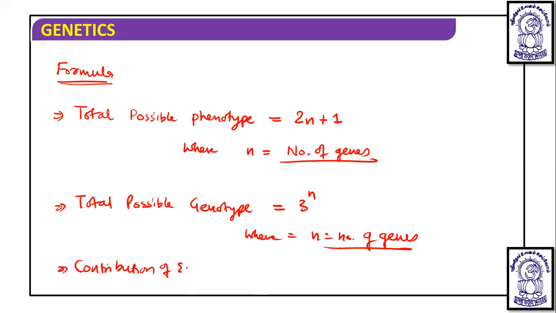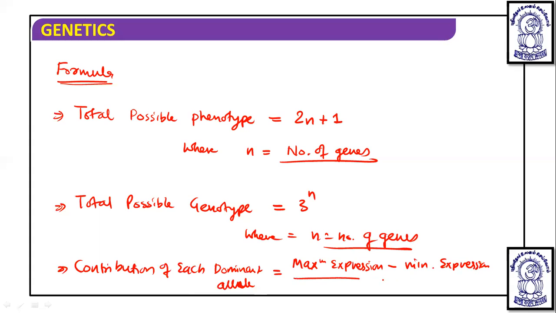The contribution of each dominant allele is identified by using the formula: maximum expression minus minimum expression upon the number of dominant alleles.